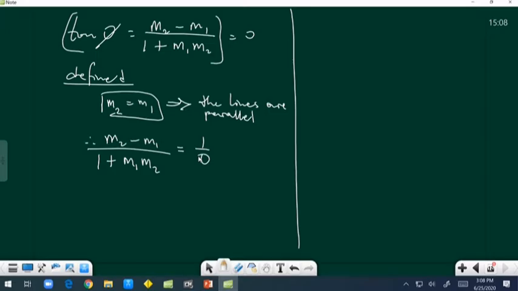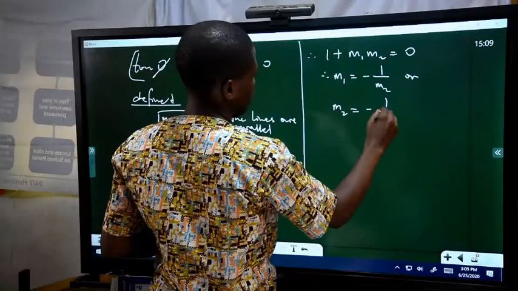So if we do a cross multiplication, we have 1 plus m1 m2 equal to 0. Therefore, m1 is equal to minus 1 over m2, or m2 is equal to minus 1 over m1.